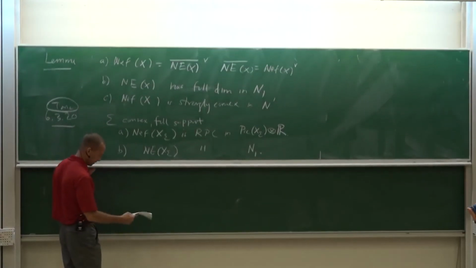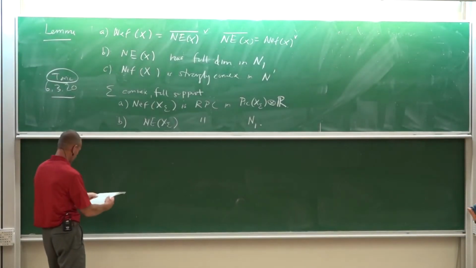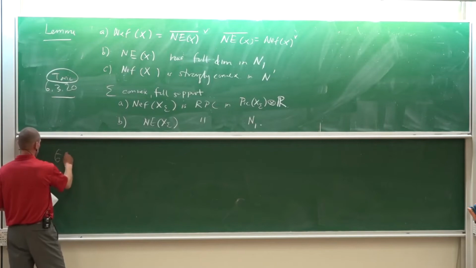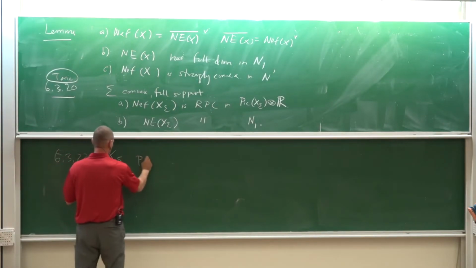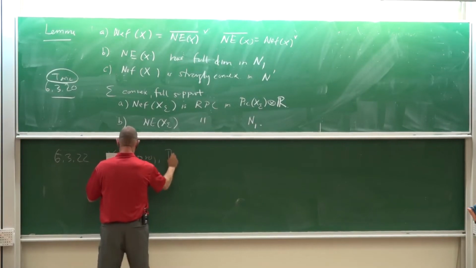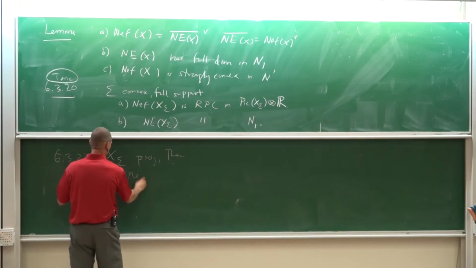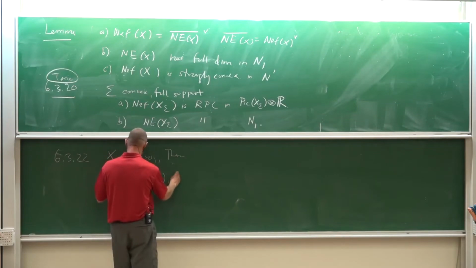It's not bad. I want to say something else about this in the projective case. So if X_Sigma is projective, then Neff(X) and the Mori cone are dual.